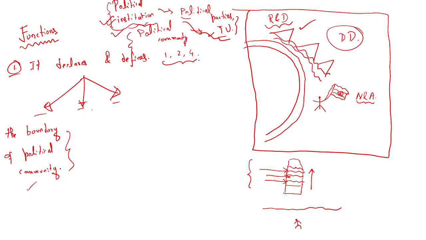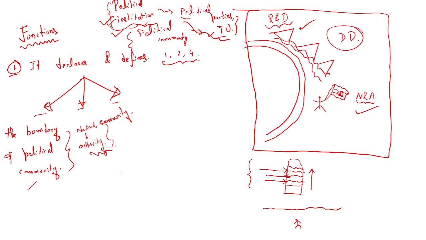Then we have the second point. It declares and defines the authority. Just a second. So this is for national community.